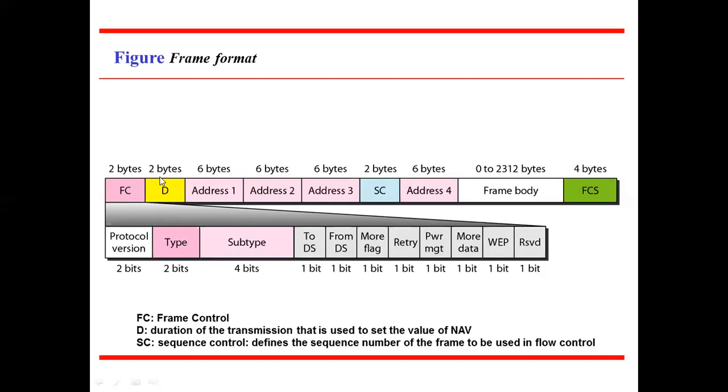Then address 1, which is 6 bytes, and each address field depends on the value of the to DS or from DS subfields. These are the most important terms.